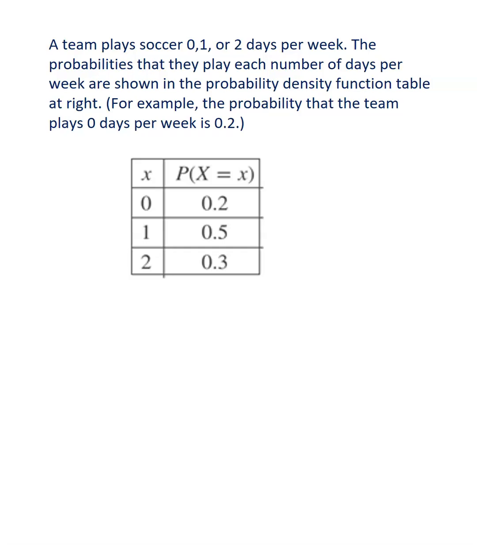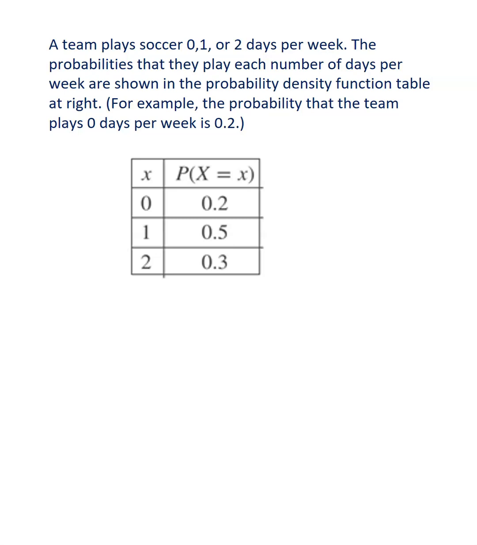So here is our problem. A team plays soccer 0, 1, or 2 days per week. The probabilities that they play each number of days per week are shown in the probability density function table below. For example, the probability that the team plays 0 days per week is 0.2.